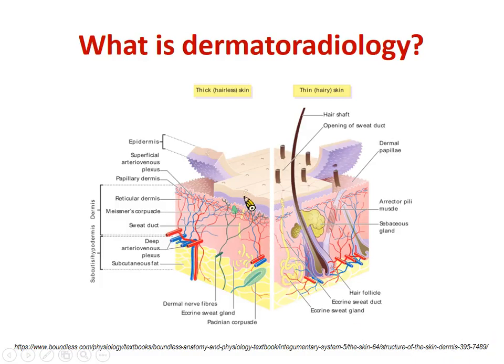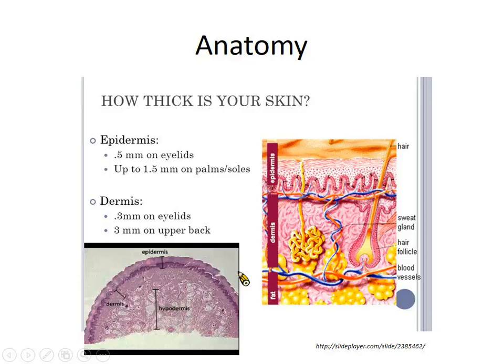Most importantly, there are some cells we have to recognize. The epidermis is very thin, like 0.5 to 1.5 millimeters. Actually, we cannot identify exactly which layer is epidermis and which is dermis, but we can easily recognize the subcutaneous area.